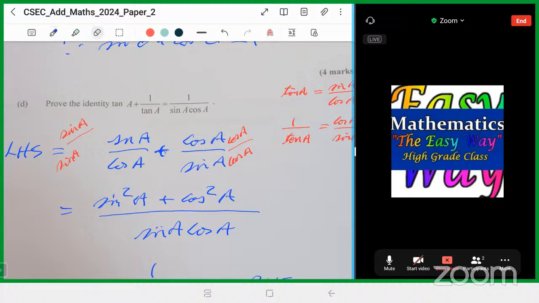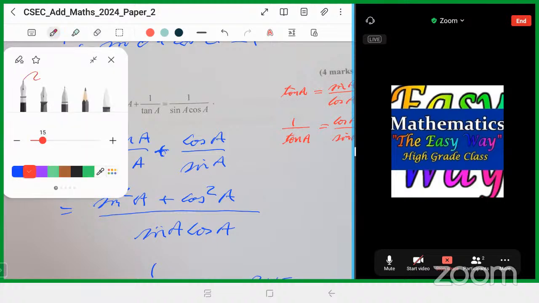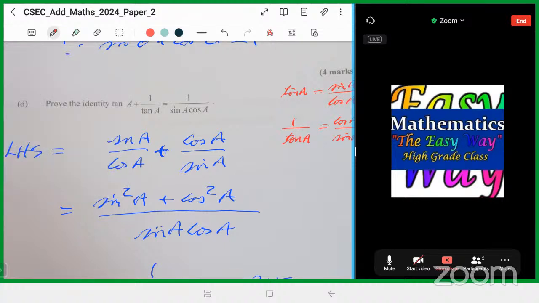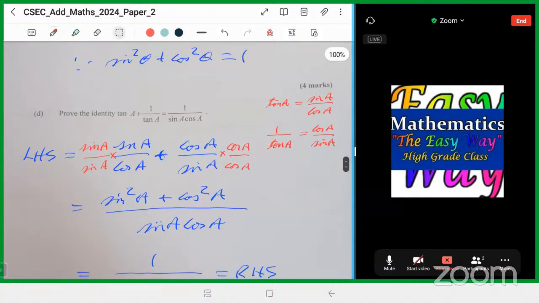Alright, so let's write this better. I'm multiplying this one by sine A over sine A to show it. So multiply this one by sine A over sine A, and I multiply this one by cos A over cos A. Should maybe put this in a different color.